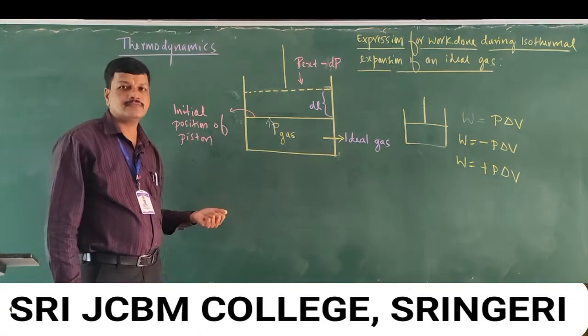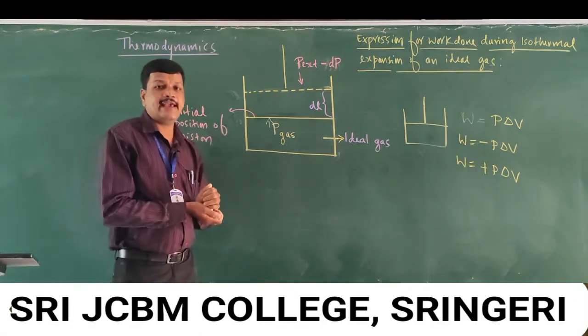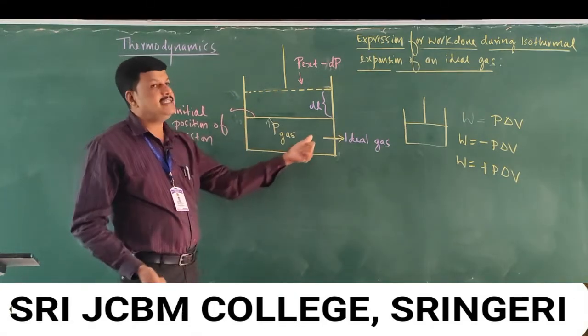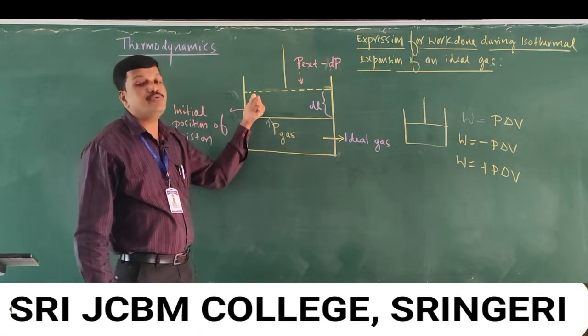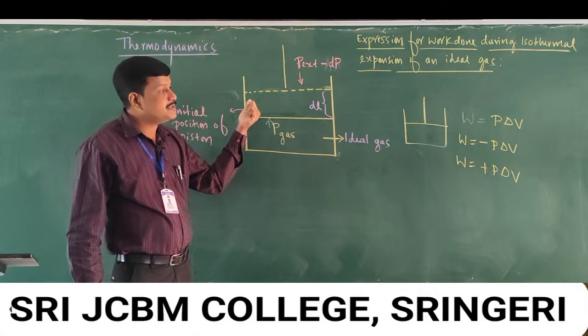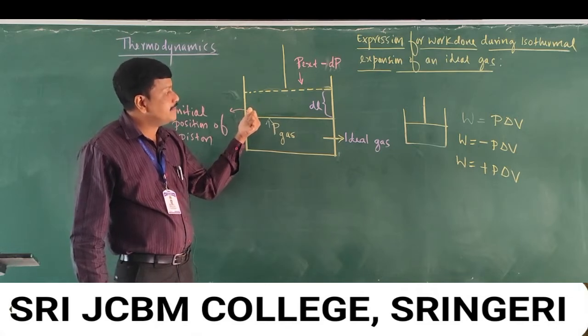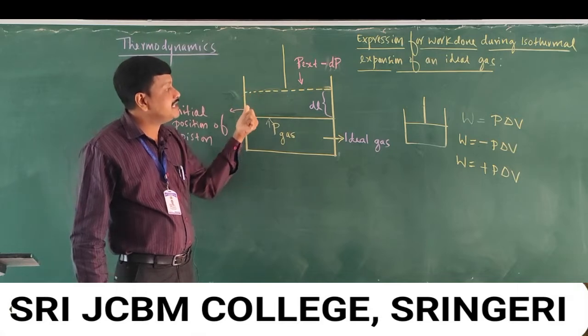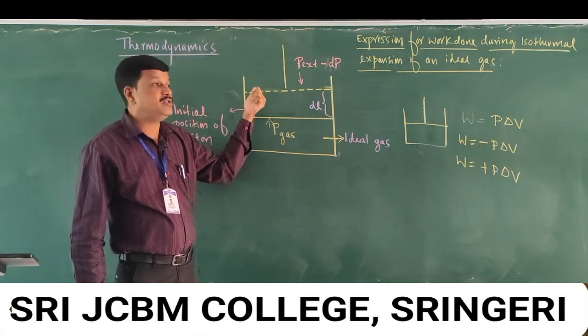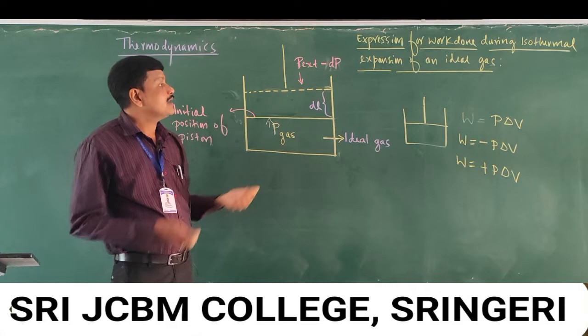So for example, consider an ideal gas enclosed in a cylinder which is fitted with a weightless, frictionless, movable piston. Suppose it expands from volume V1 to V2, then pressure decreases from P1 to P2 successively.